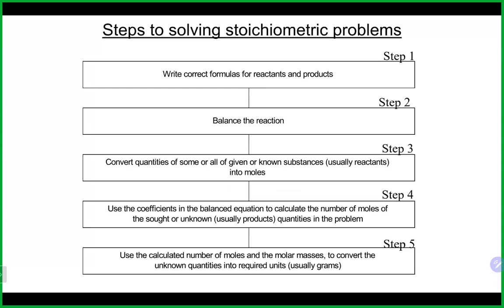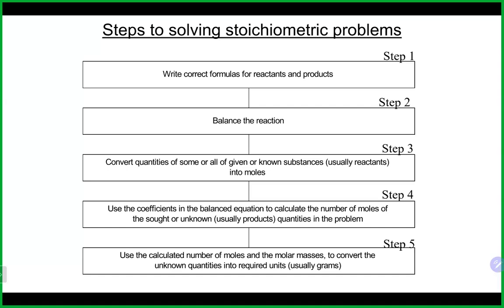I would say probably for us, most of the time, step one is going to be done for you. But just in case it's not, a reminder, like we talked about with naming and predicting products, you want to make sure that before you even think about balancing an equation, you have all the correct formulas down.